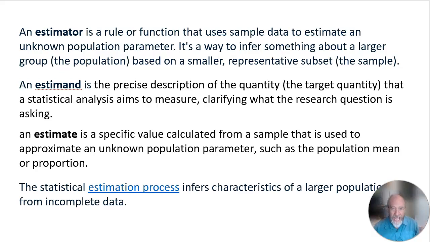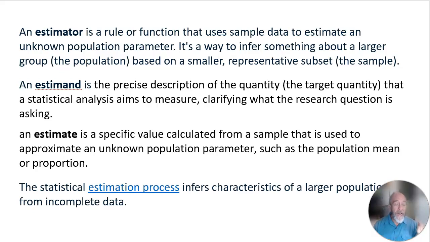The estimand, which we don't use that term very often, is the precise description of what we want to measure. And the precision is important, being able to define exactly what it is that you're measuring. Now, in many cases, that level of precision is relatively easy. We may be wanting to measure the height, the width, some measurable parameter.